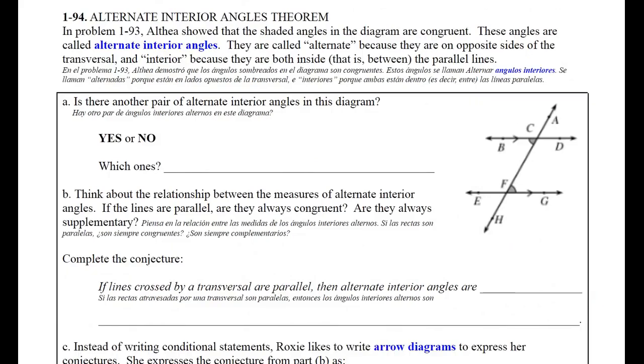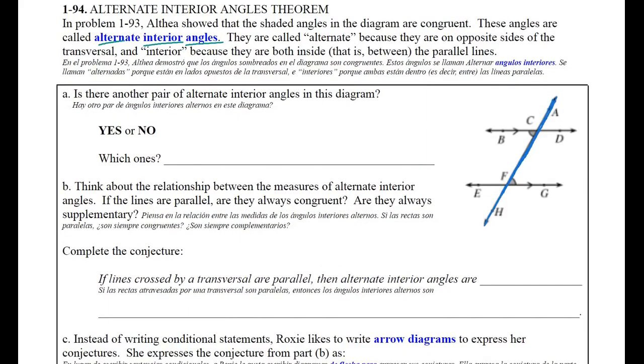Problem 194, alternate interior angles theorem. In problem 193, Altea showed that the shaded angles in the diagram are congruent. These angles are called alternate interior angles. They are called alternate because they are on opposite sides of the transversal, and interior because they are both inside, that is, between the parallel lines.